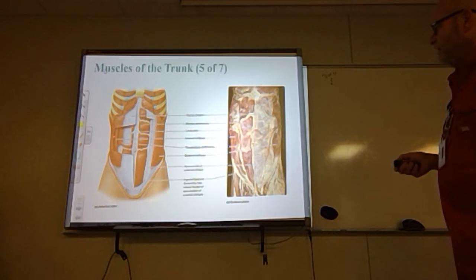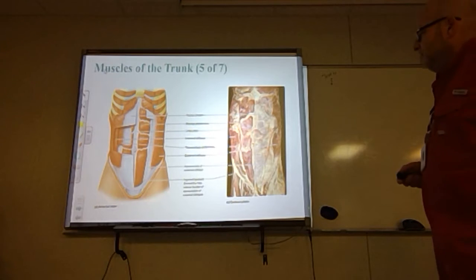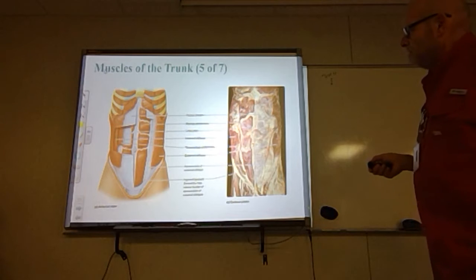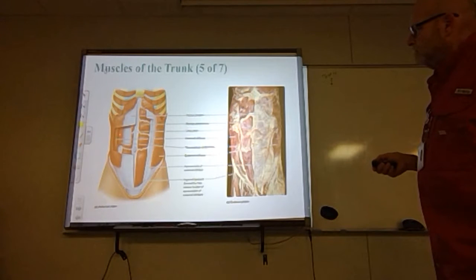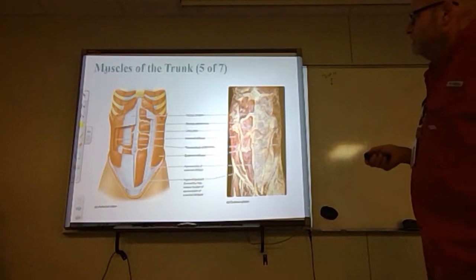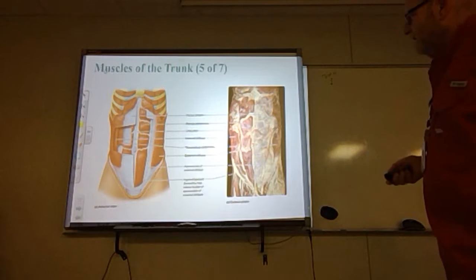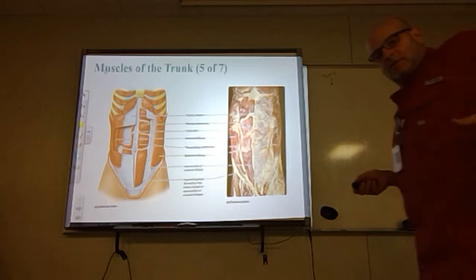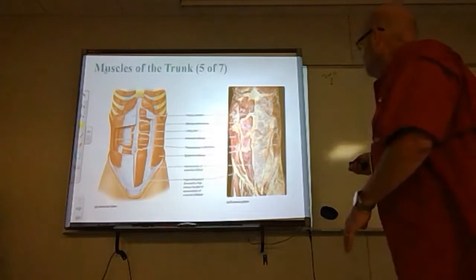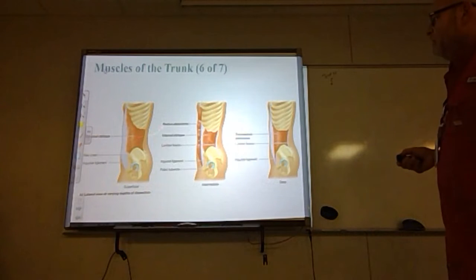Transverse abdominis, the external oblique, that's the internal oblique, there's the external oblique. Again, some of these muscles, you have to cut one muscle out of the way to get to the other muscle, showing this is the most superior muscle, this is the most inferior muscle of those muscles that are on the side of your body. Again, there's a side view of each of the muscles.